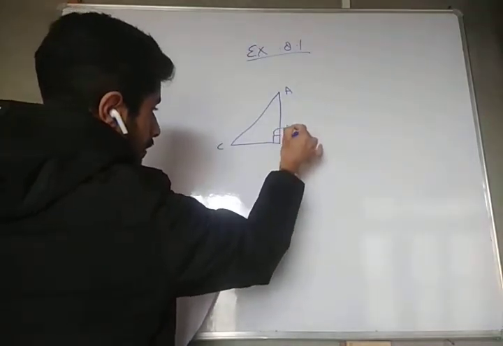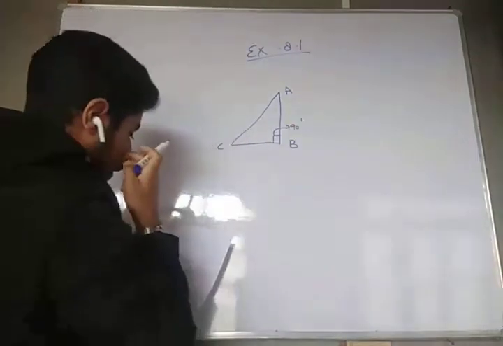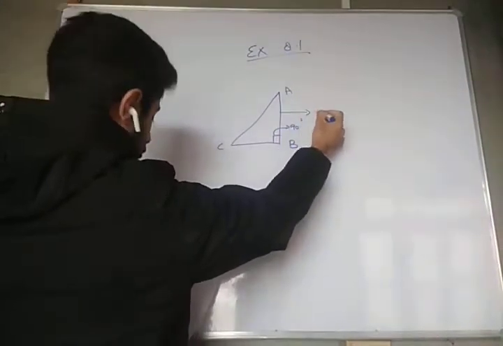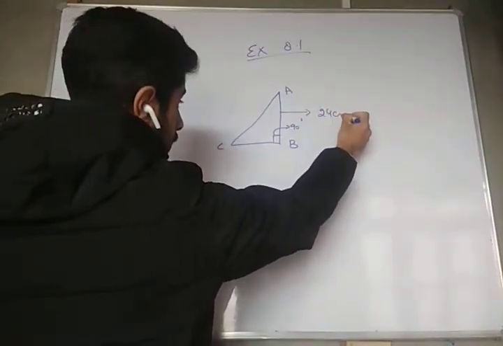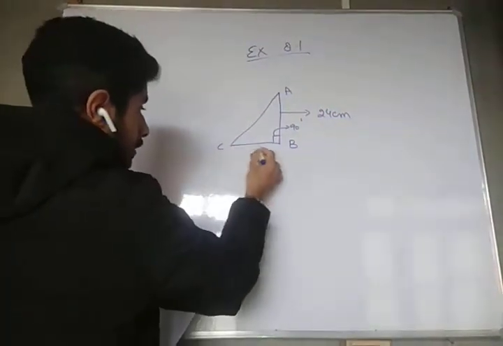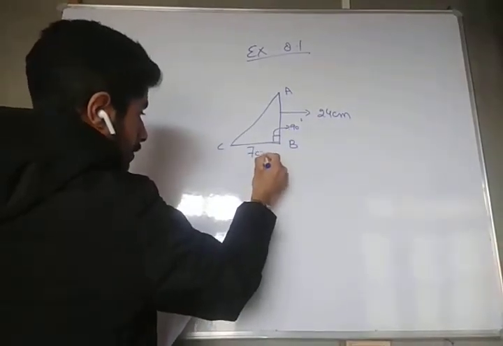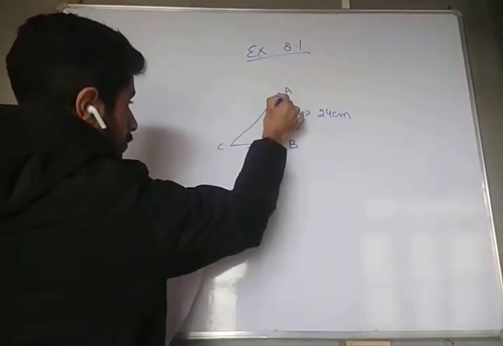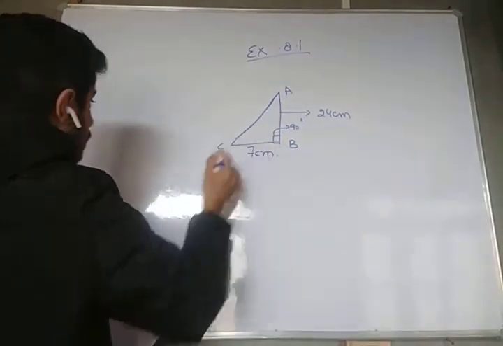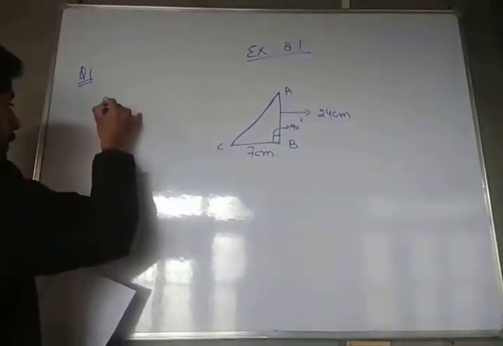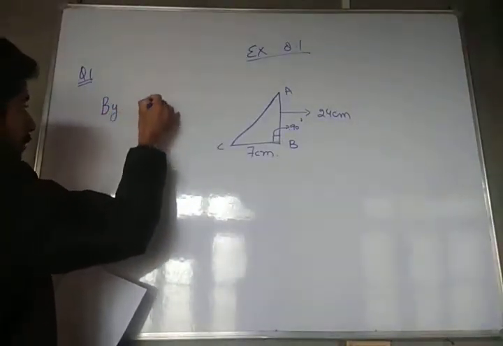It's right angled at B. That means this angle is 90 degrees, and AB is given as 24 centimeter, and BC is given as 7 centimeter. Now first of all, let's find this AC, and I hope you know the Pythagorean theorem.